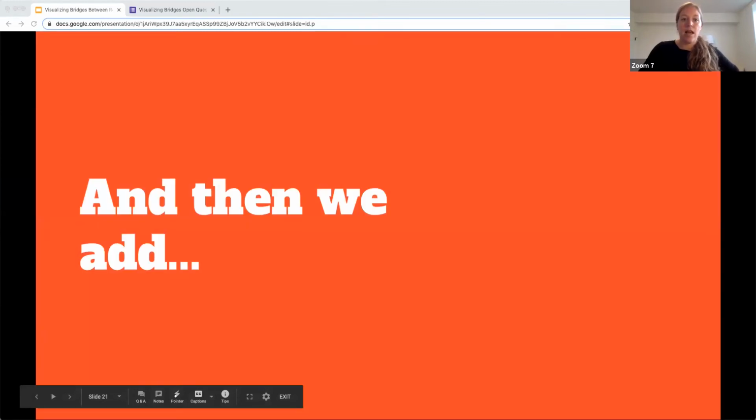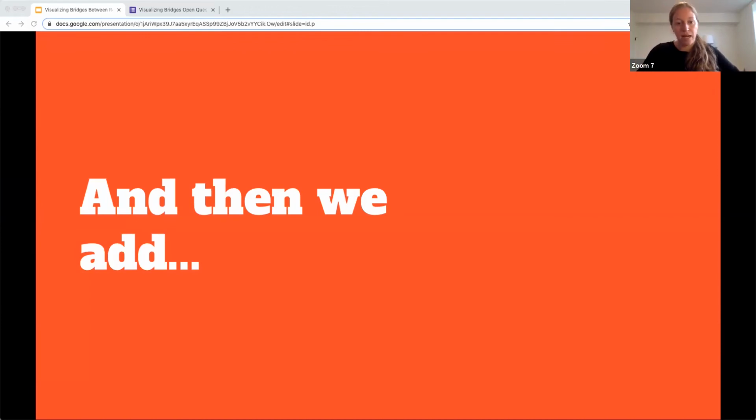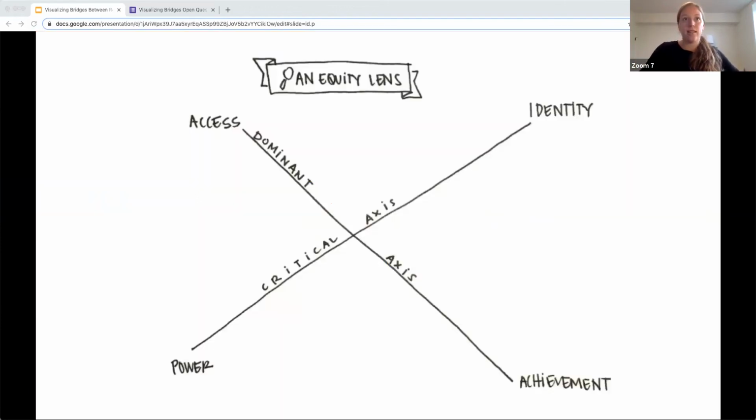And then, if we keep those metaphor glasses in mind and we add an equity lens, this lens can allow us to see where there are opportunities and obstacles for closing this research practice gap. So what are the things on this equity lens? So access, in terms of access, do all parties have what they need in terms of concrete and material things to bridge the gap? So when we think about access, that's what we're talking about.